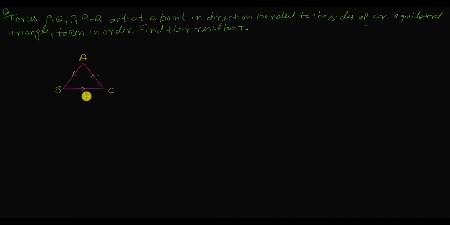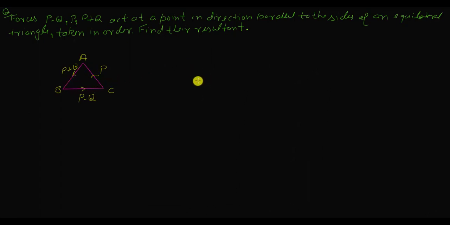These are the forces taken in the order, and you can take any of the forces along this horizontal direction. So let me take this force P minus Q along it. Second is P, taken in the same order, and then P plus Q. So these are the forces acting along the sides of the equilateral triangle taken in the same order.